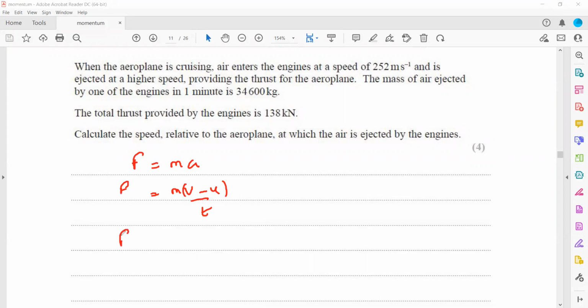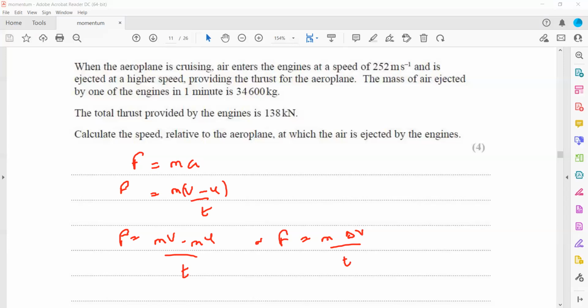When we simplify, F is equal to mv minus mu divided by t. This gives us the relation between the force and the change in momentum: the rate of change in momentum is equal to the applied force. Or if I take m common here, F is equal to m times the change in velocity divided by time.